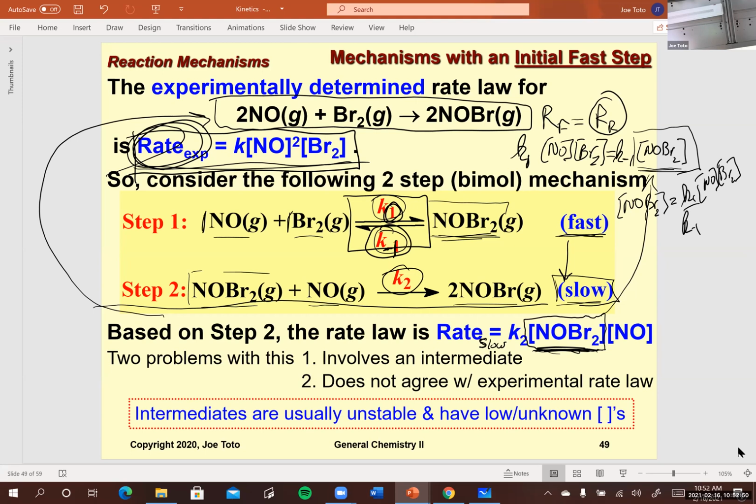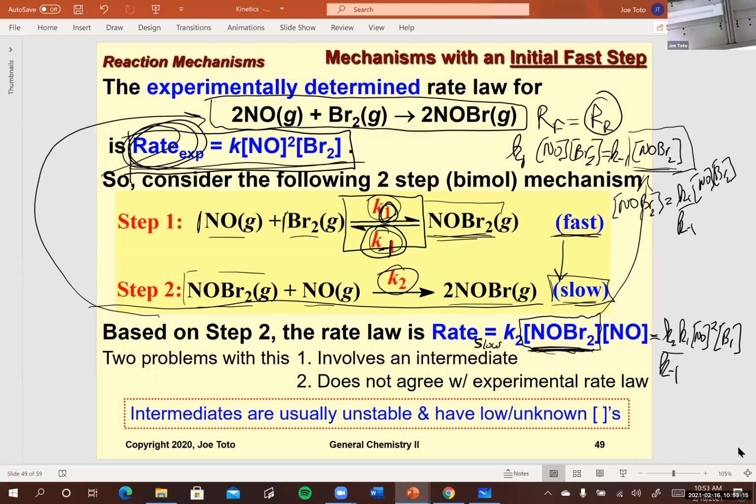I make that substitution in here. I see that NO, well, I substitute in, I get K2 times K1 over K minus 1 times NO squared times BR.